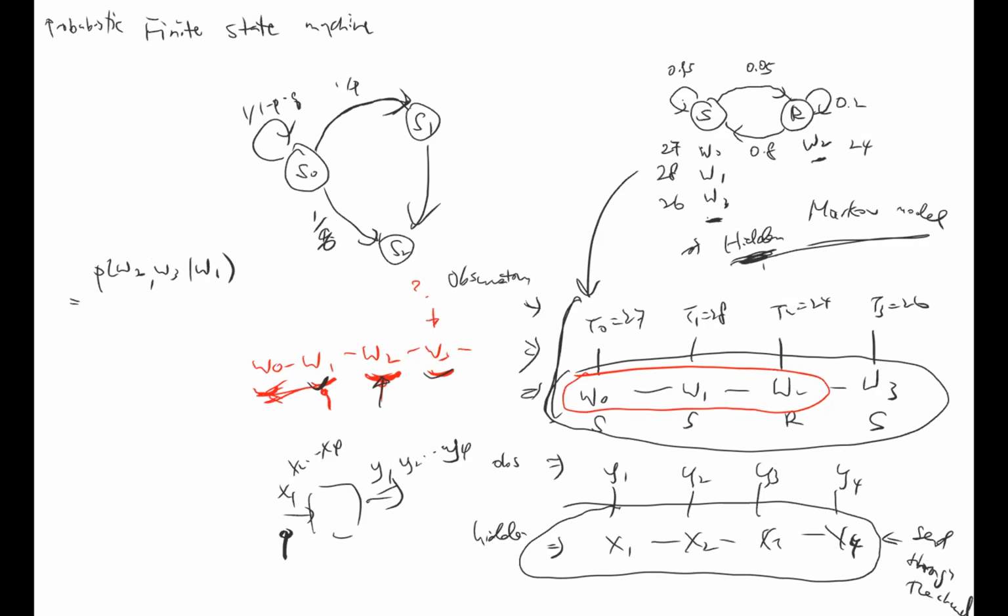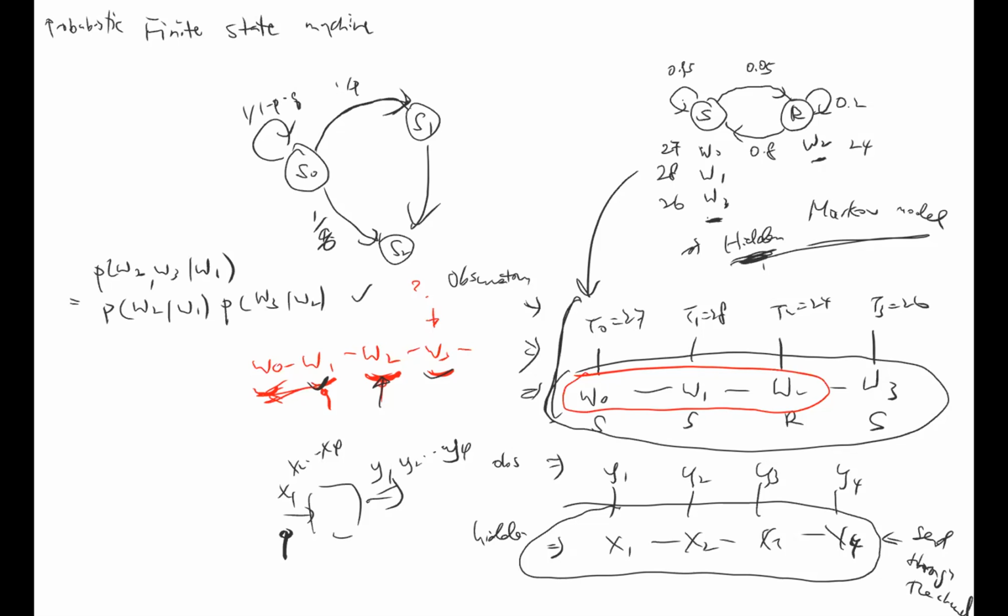In our model, we basically model that as P(W2 given W1) multiplied by the probability of W3 given W2, right? Do you all agree with that? This is how we define the model.